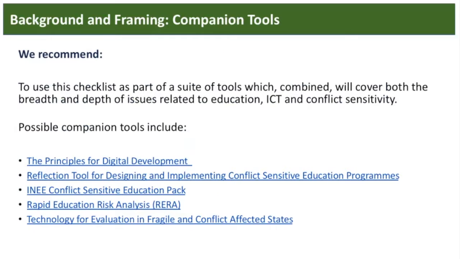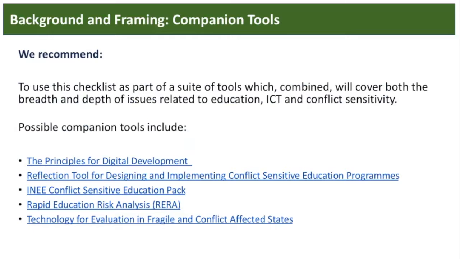Now, we said this is a companion tool, and because we are very much aware that there are other tools that are very useful, we recommend the use of this checklist as part of a suite of tools.